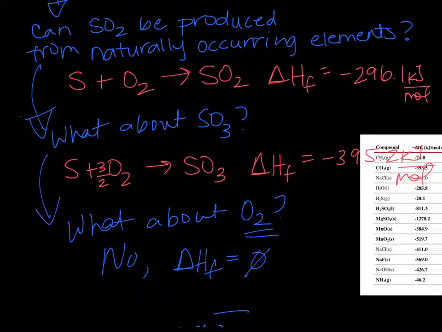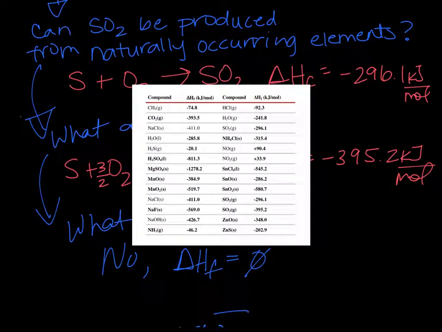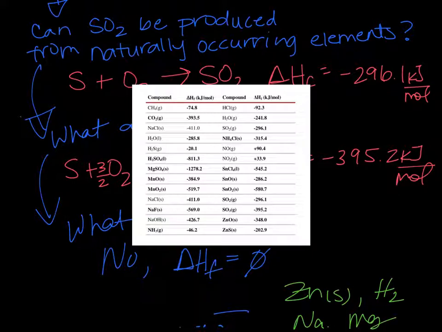That's why on this table you're not going to see anything like zinc by itself, or H2, because that's the way it naturally occurs. Sodium, magnesium, all those things naturally occur that way. Fluorine. So they're not going to be on here, and all of the delta H of formations for all of these would be equal to 0.